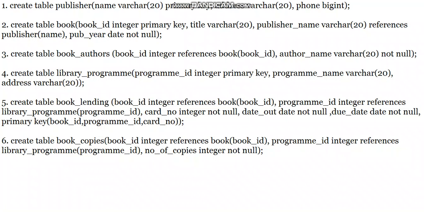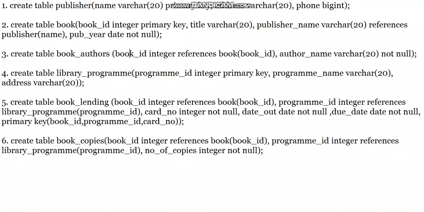Then the third one is book authors. Book authors has a book ID which references the book table, and the attribute it refers to is book ID. You can give the same attribute name in book authors, book ID, or you can change it to something like BID. That doesn't matter, as long as you make it a reference key.